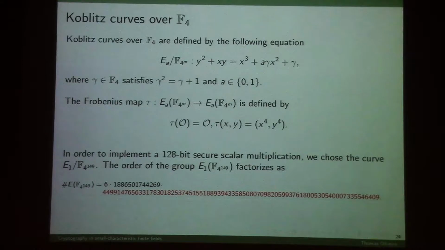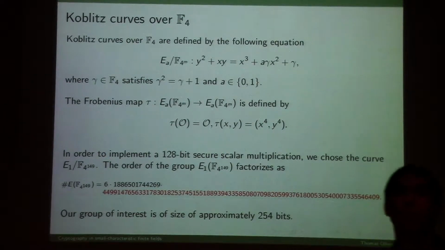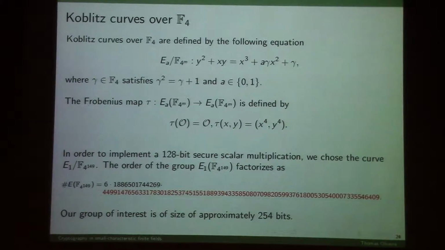So we selected m equals 149. So the group order of this curve is like that. This value and this value are prime numbers. So we used our subgroup of interest, this one, which has a size of 254 bits, which is required to perform a scalar multiplication of about 128 bits of security.